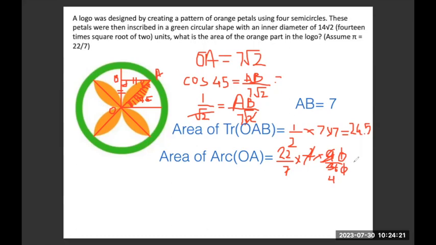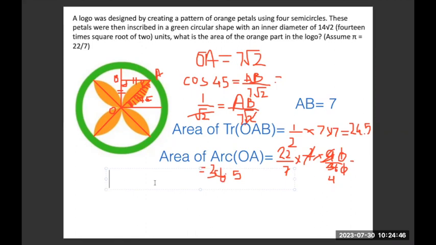So 22 into 7 by 4. The value will be, 1 second, 22 into 7 divided by 4, 38.5. So the value will come to 38.5.